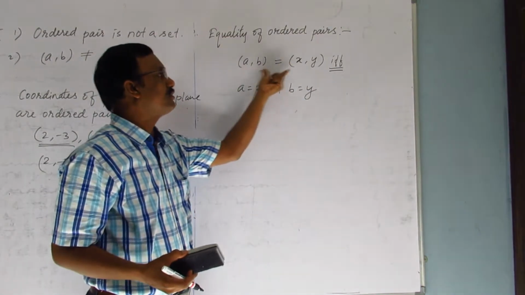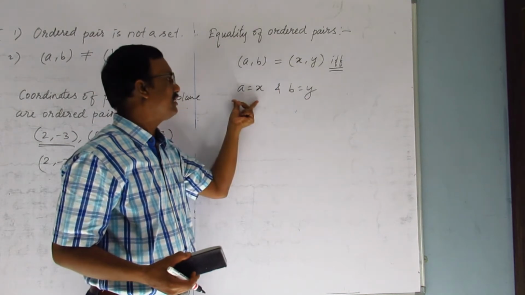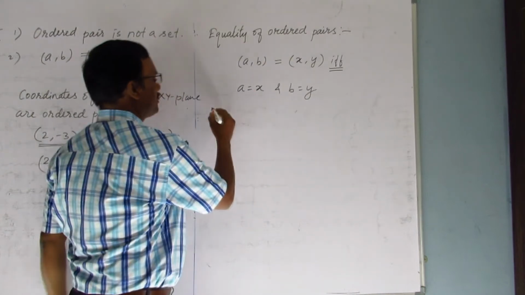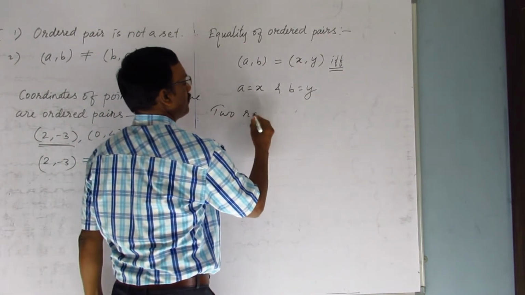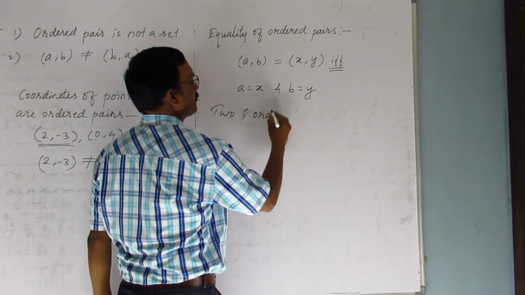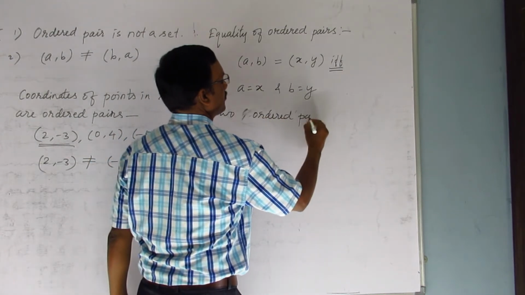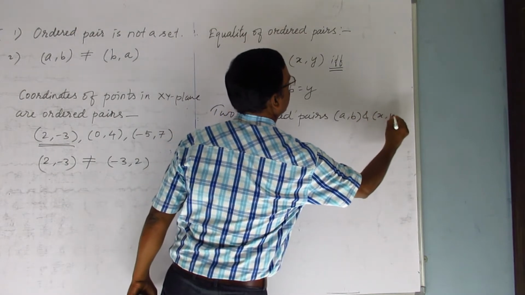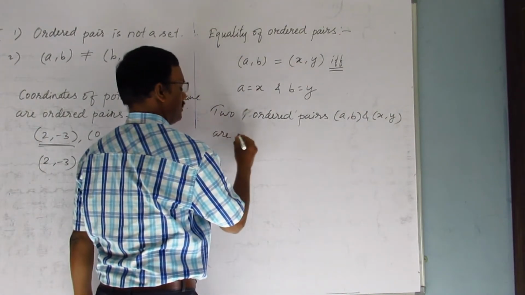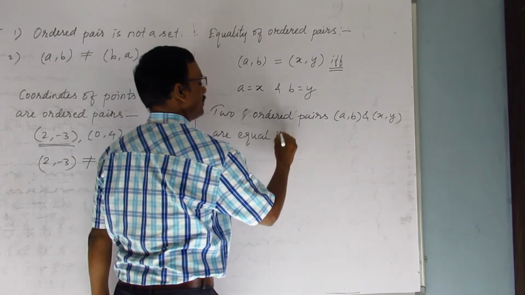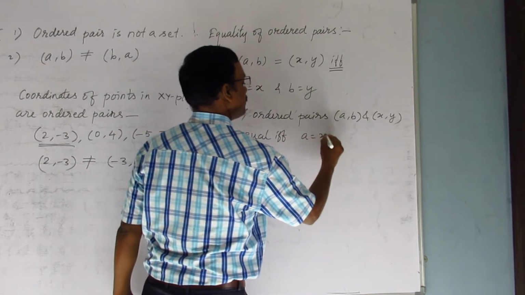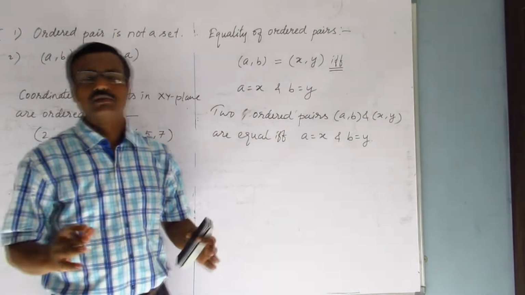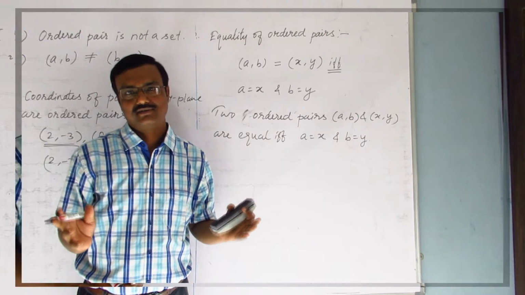You can write 2 ordered pairs (a, b) and (x, y) are equal if and only if a is equal to x and b is equal to y. So this is about equality of ordered pairs.